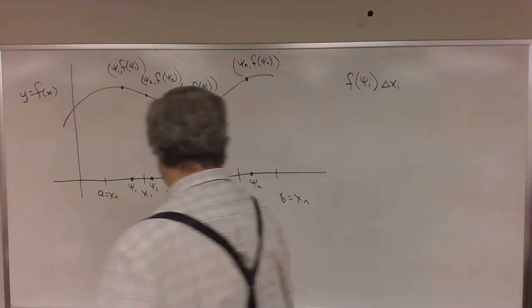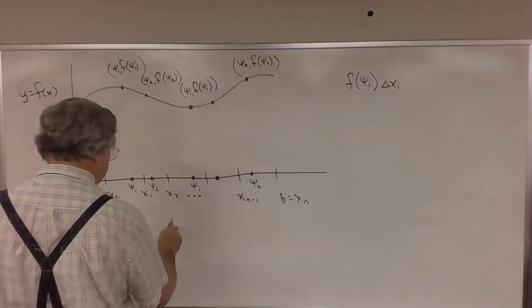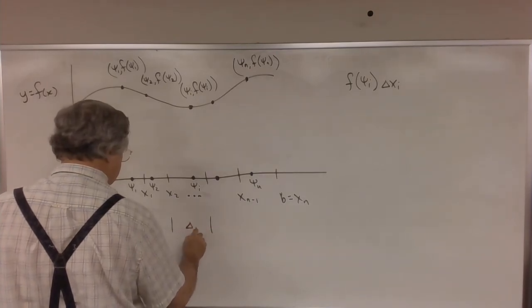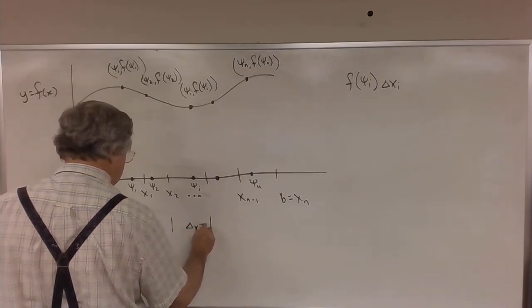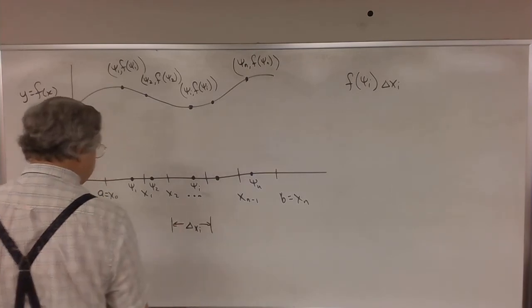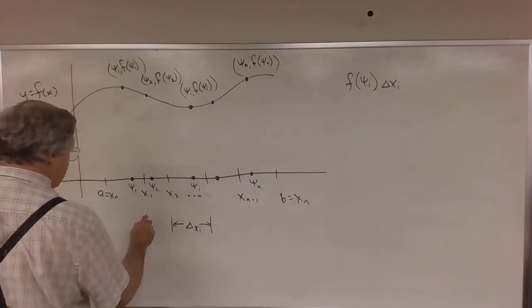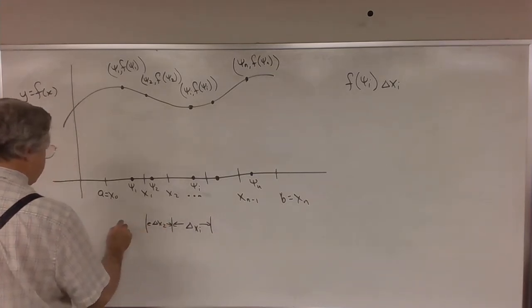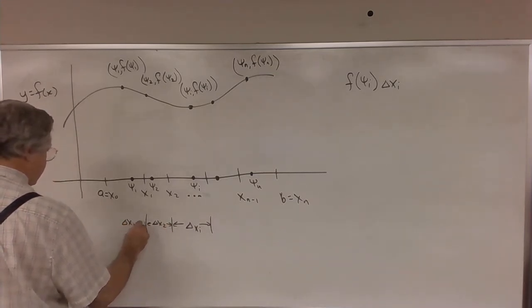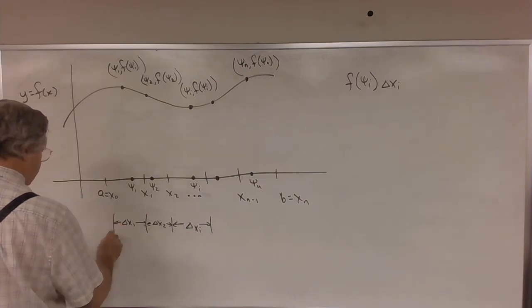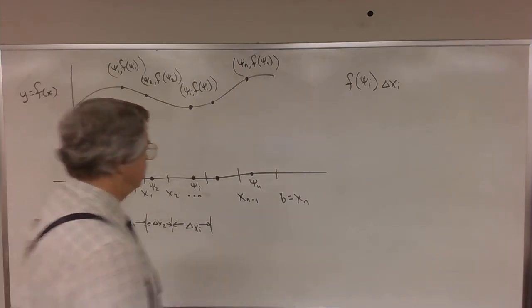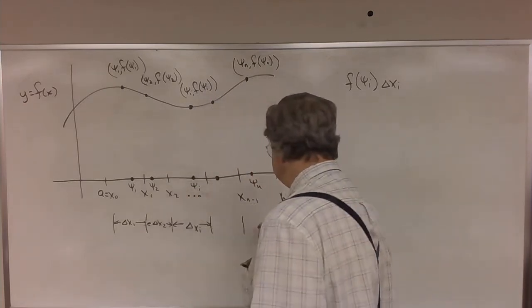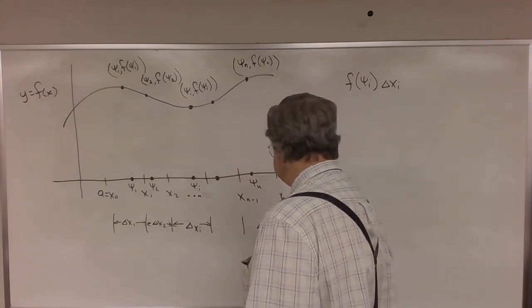So let's see. There's delta x sub i. Here's delta x sub n.